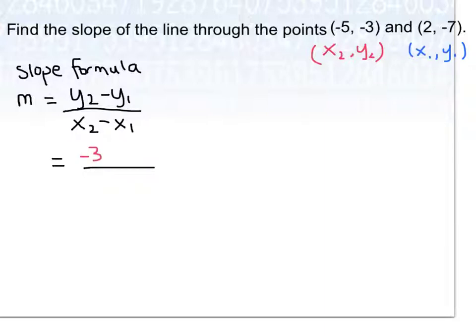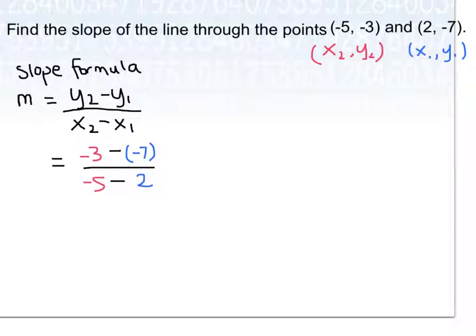So we're going to subtract off y1, and in this particular case, y1 is -7. We'll also keep in mind that x2 in this case was -5. And x1 is 2.